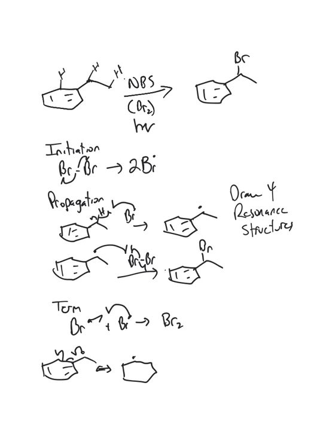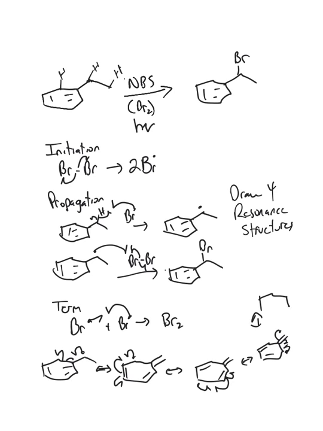So the first resonance structure puts the radical inside the ring, and then we keep moving the electrons around the ring so that in the next one we get our radical there, and then we can move it 1 more position to there, and then we can finish it by sending the electron back to where we started, and we get our benzylic compound.